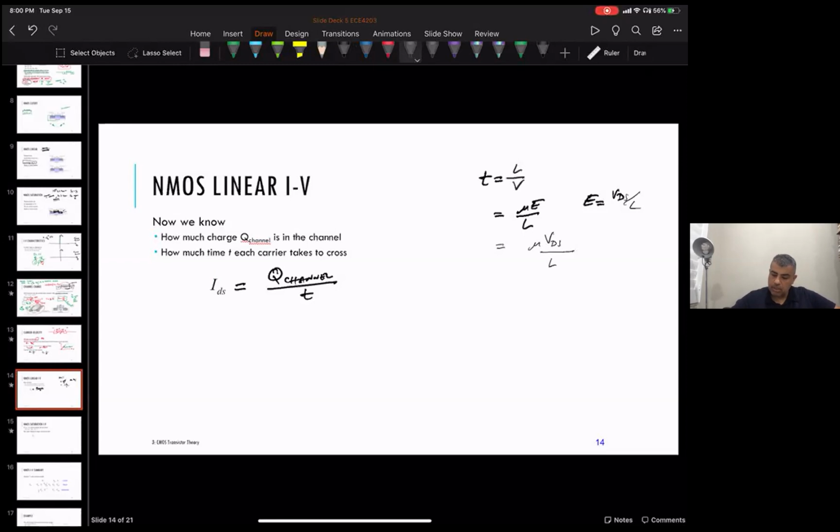Length over V. So we end up with L over mu E, and E is VDS over L. So we end up with L over mu VDS over L.